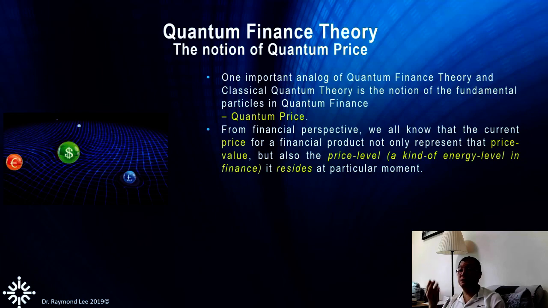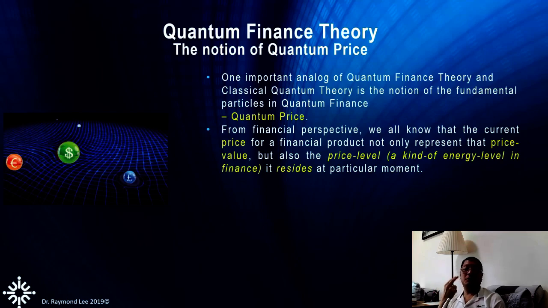This means that if we believe in quantum mechanics, at every single moment the electron in the atom will exist in a particular energy level. So the energy level itself has two meanings. First, it is the quantized level where you can find the electron, and also it is the energy level value itself.